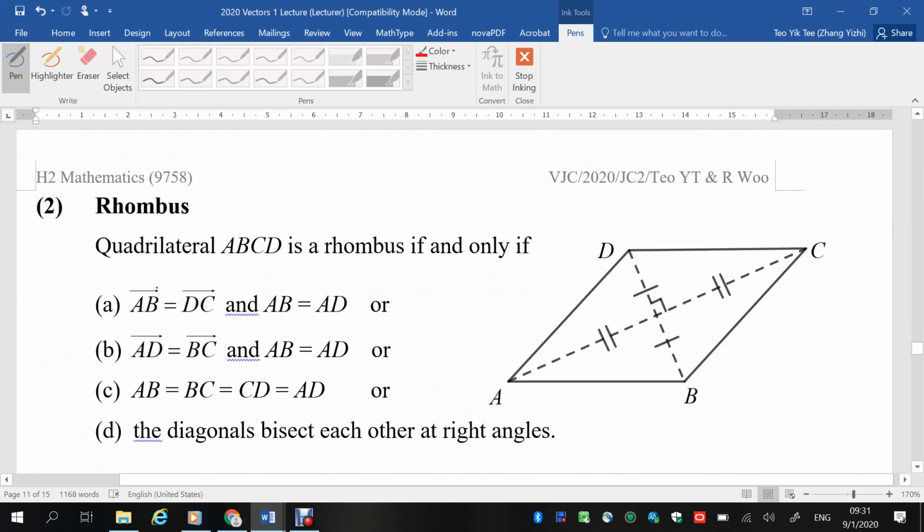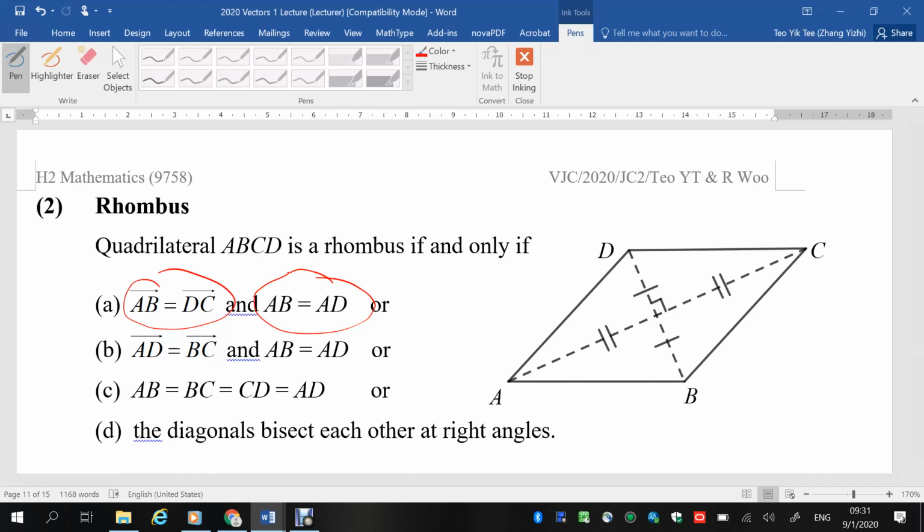Take note: AB vector equals DC vector, and the length of AB and AD. We're talking about different stuff. You use any of these items and you will be able to prove that it is a rhombus.